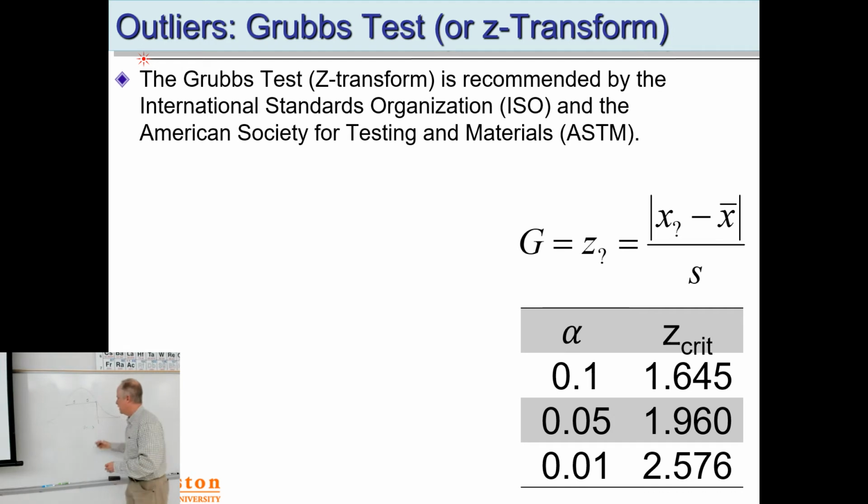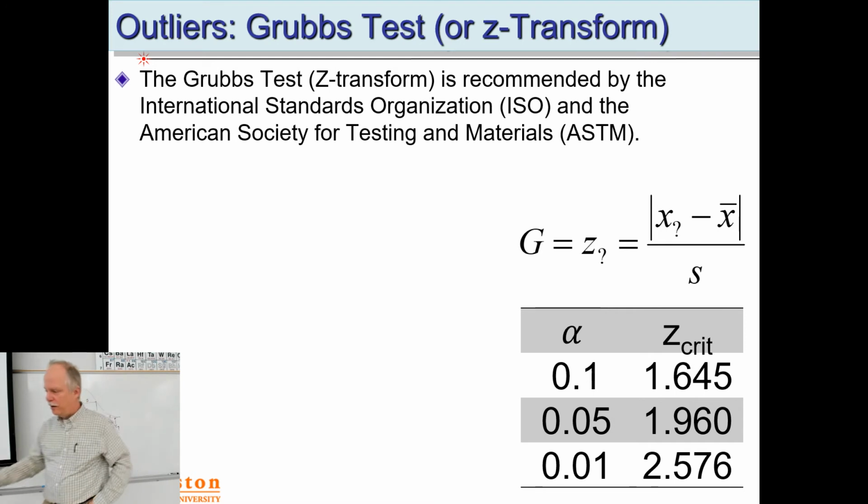It compares your data to a Gaussian distribution with a mean of 0 and a standard deviation of 1, and tries to find out where the questioned data point lies. If your questioned data point lies above 1.96, then there's less than a 2.5% chance of being that high, and so it's likely an outlier.